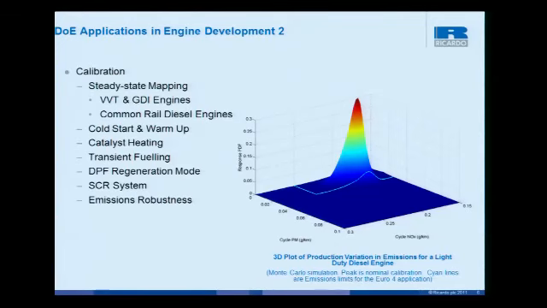Next we come on to calibration. The calibration basically means defining and optimizing the settings for all the variables that are controlled by the engine management system or electronic control unit. And this is a very big area for the use of DoE, and that's because you've got lots of variables.